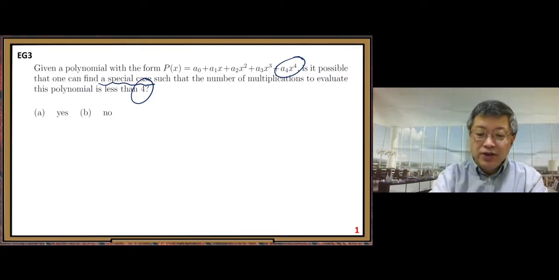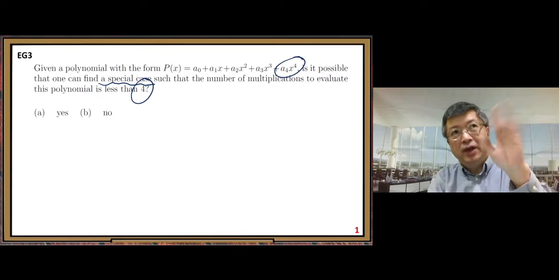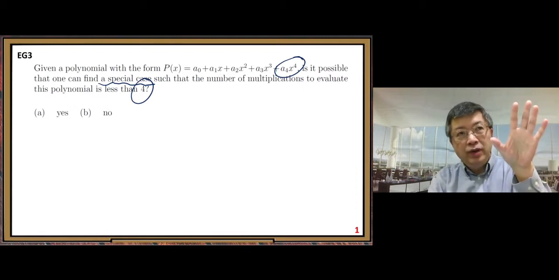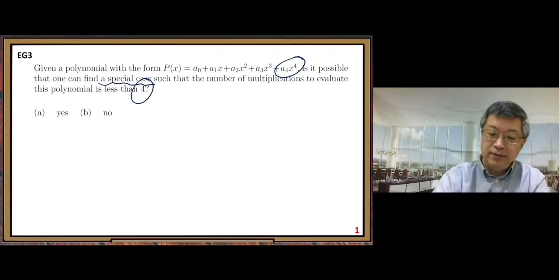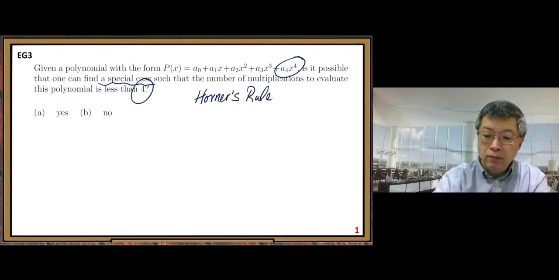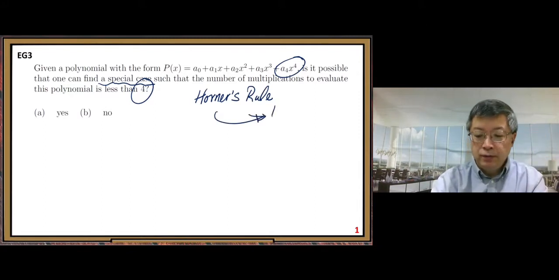So this form is a general form, and Horner's rule is applied on the general form. When we learn Horner's rule, it is applied to the general form.